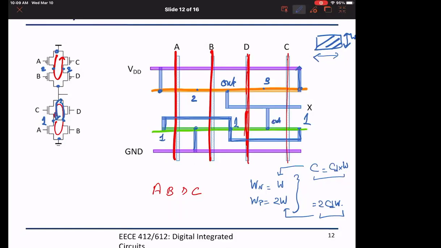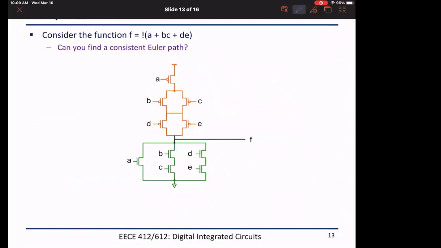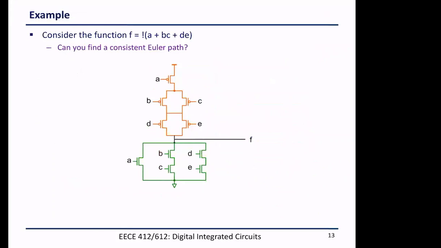Okay, now we are going to look at this example. Here in this example they are trying to demonstrate to me that for the same equation F, depending on how I draw it, I might be able or not be able to find an Euler path.